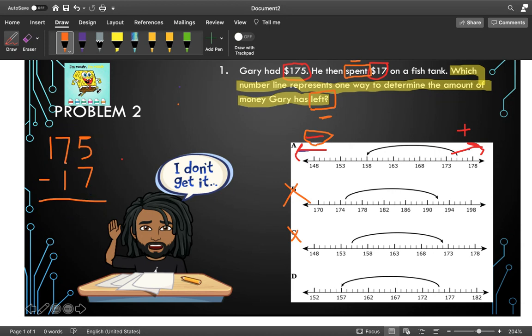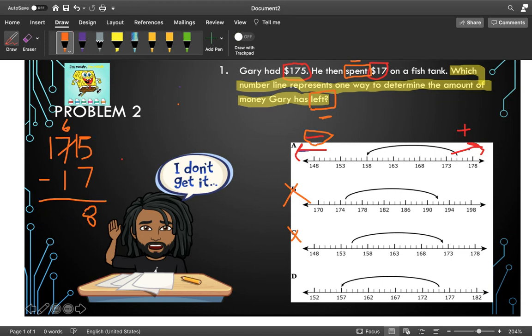Subtraction doesn't work like that. So we need to borrow next door. We take from our 7, it turns to a 6. Good job. Bring our 1 down. Now our 5 turns to a what? 15. So now 15 minus 7 is what? Good job. 8. All right.